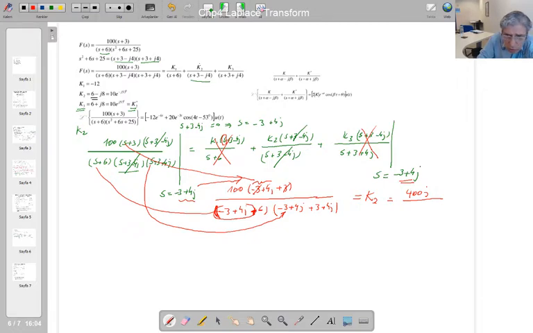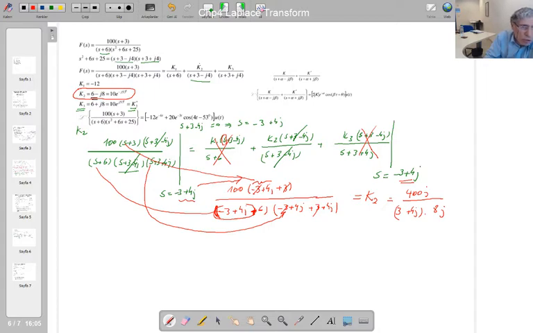So minus 3, so 3 plus 4j, this gone, plus 8j. So that k2 is equal to this one. If you do this calculation, you're going to end up with this. And then we found k2, in polar coordinate equal to this one.